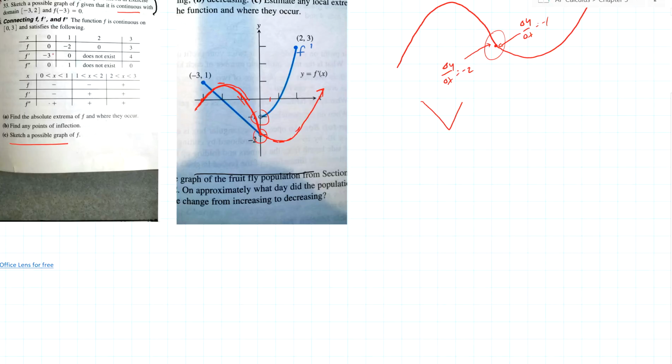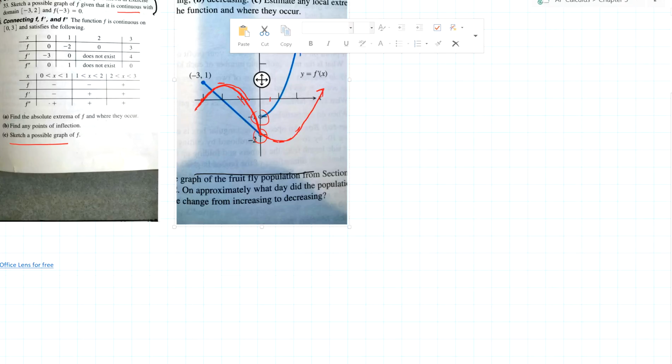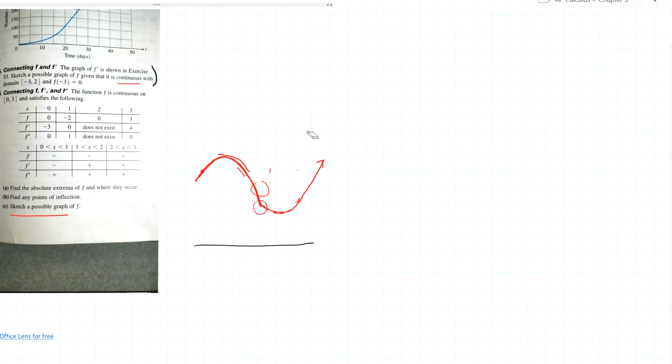So let's do that. I'm going to erase this over here so we can get some space. In fact, I'm going to delete this here, which will probably permanently delete it. Well, that's all right. Okay, so we've got lots of room to work on here.